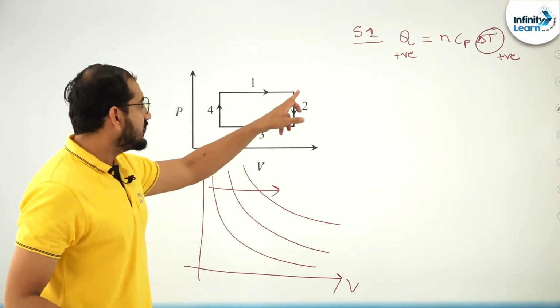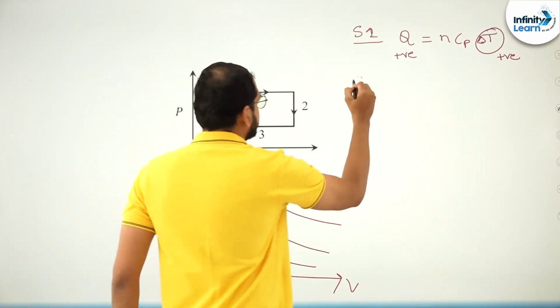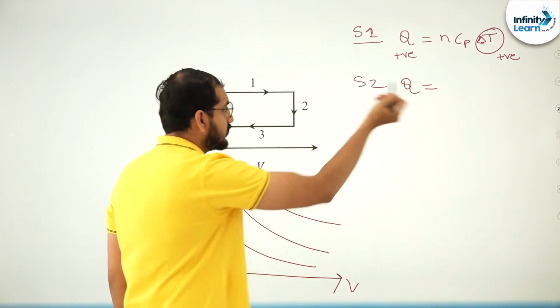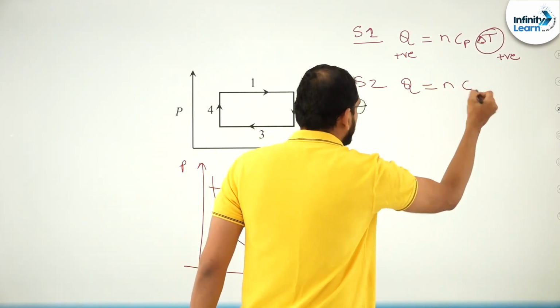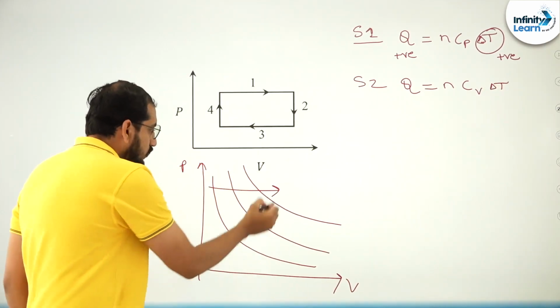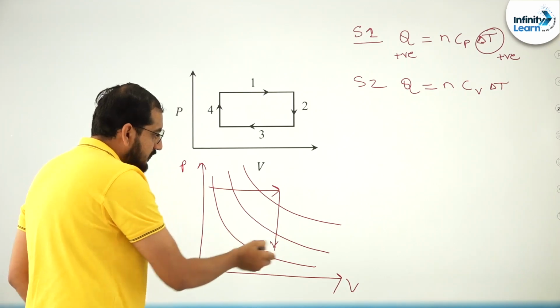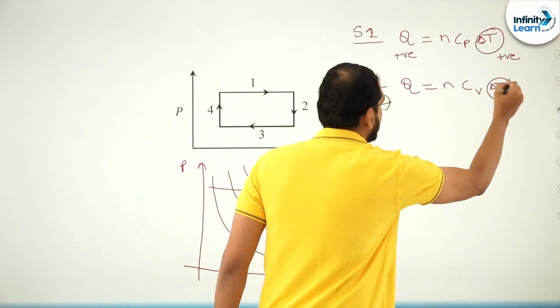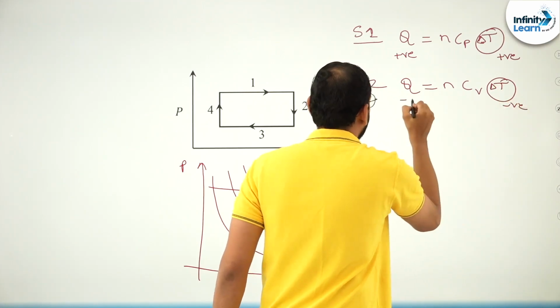Now, if I look at step number two, this is an isochoric process. For isochoric process, I take Q as nCv delta T. If I go down, as you can see in this isotherm, the temperature is decreasing. And if temperature is decreasing, delta T is going to be negative, so Q is going to be negative.